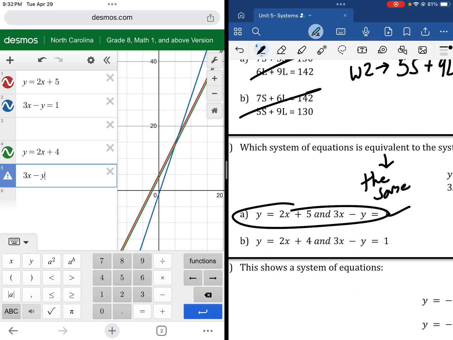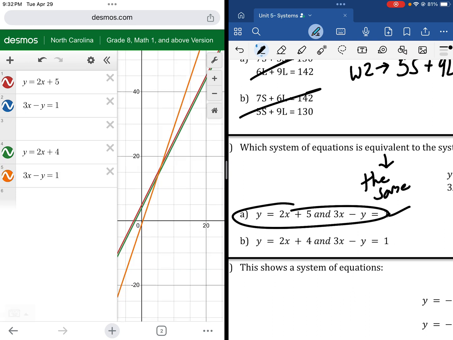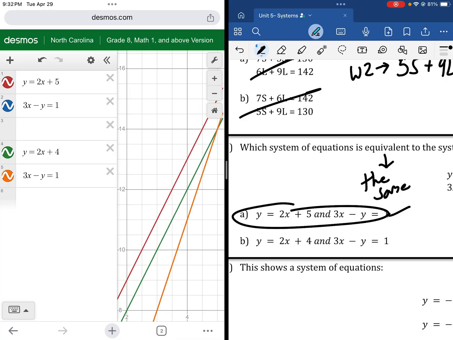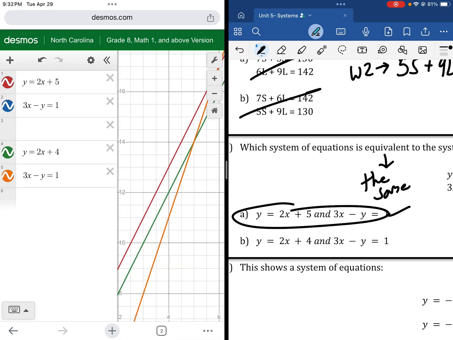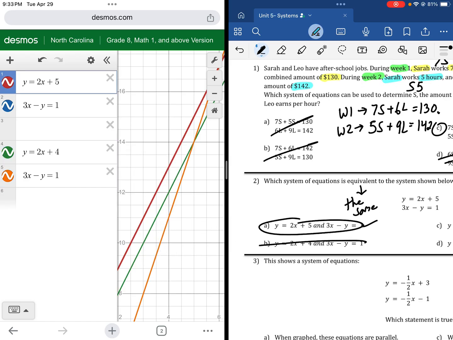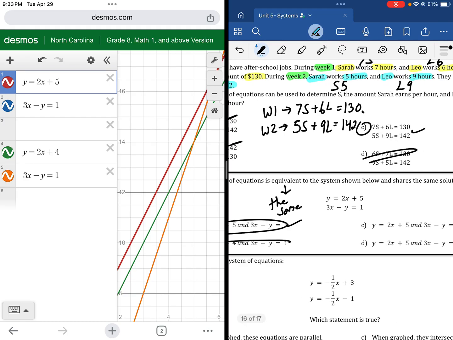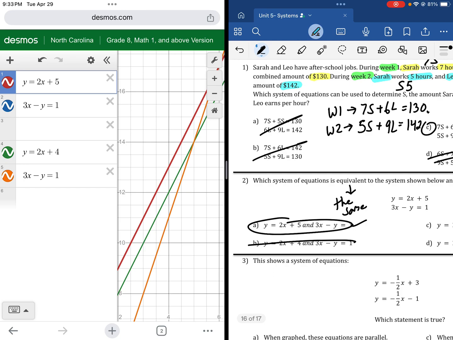We've got a lot of lines on here, but we want the red line, the green and the orange. We see the orange is the exact same as the blue line, but the other lines don't cross up. They're not the exact same, so B is not going to be our answer. You could graph C and D also, and you would see that they would not match up. So A has to be our answer here.